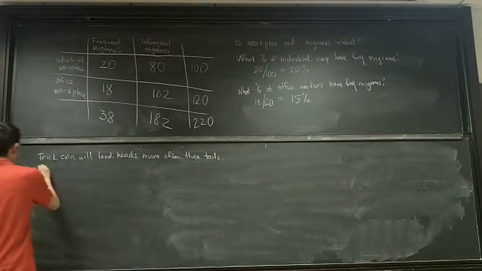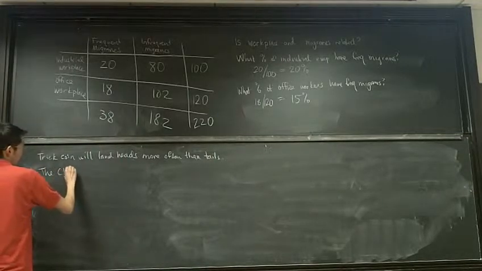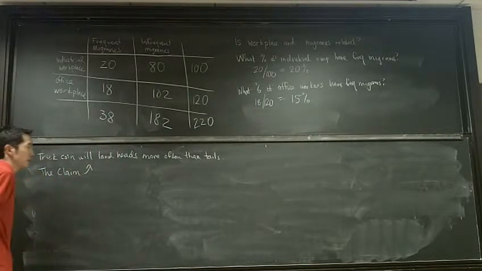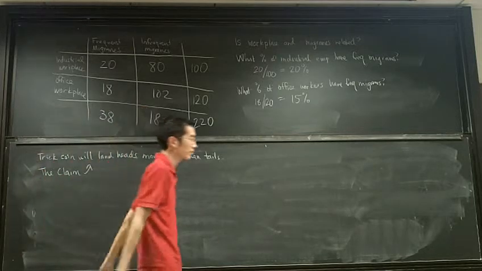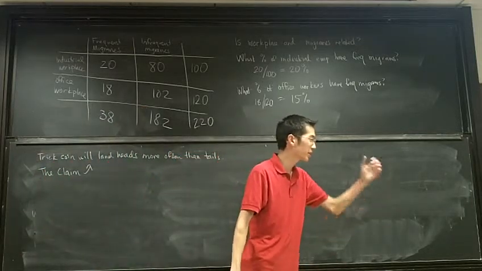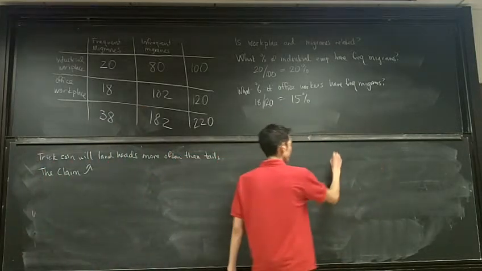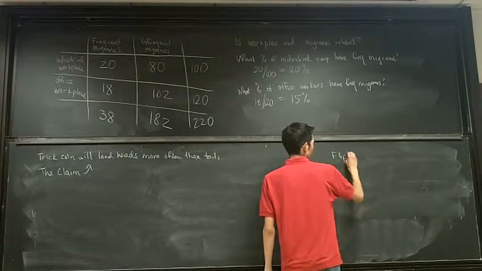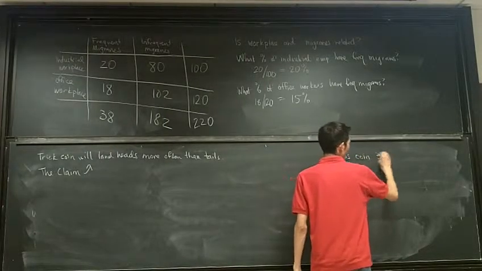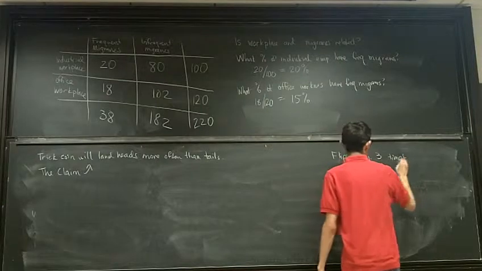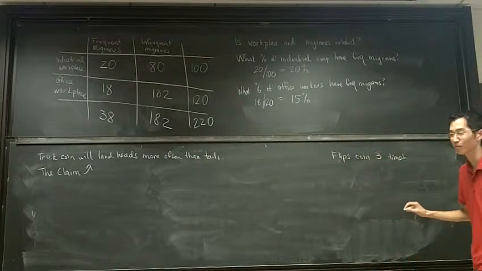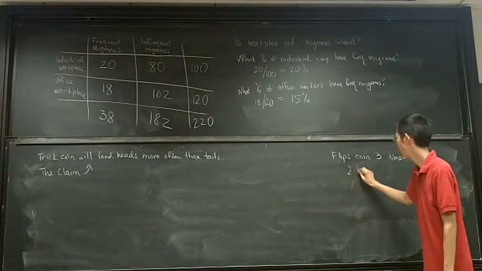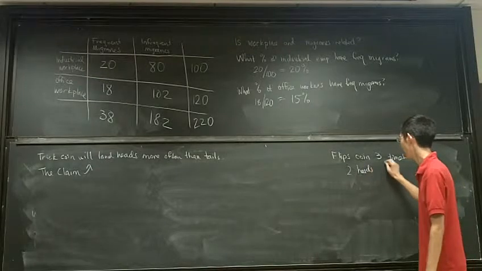Okay, this is the claim. All right. Okay, so he flips a coin 3 times, and he gets 2 heads and 1 tails.